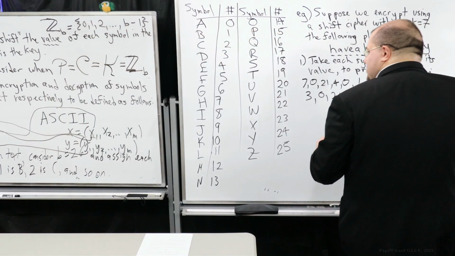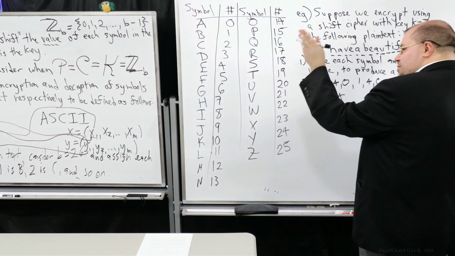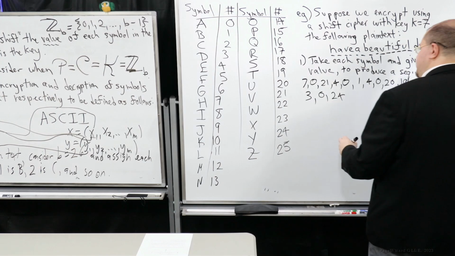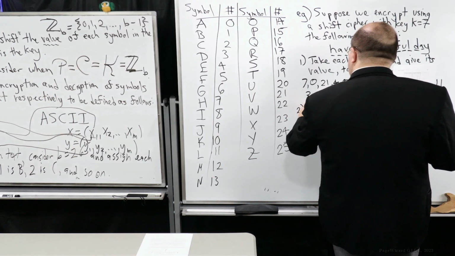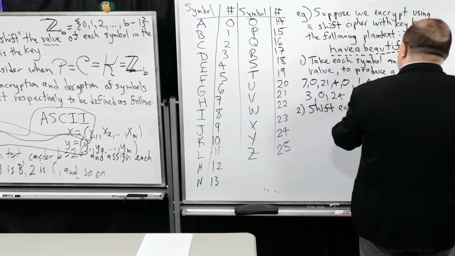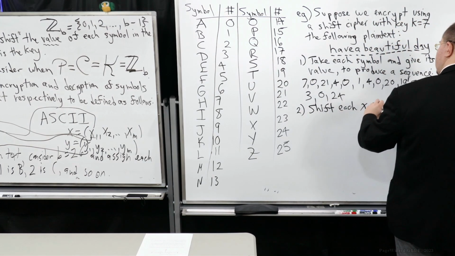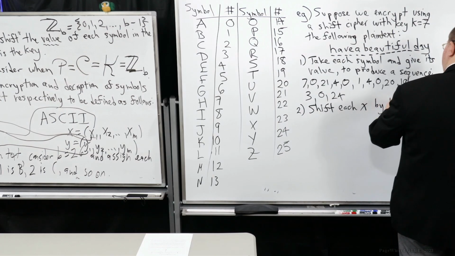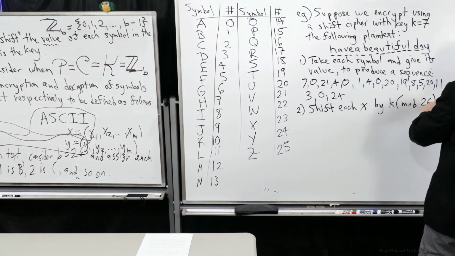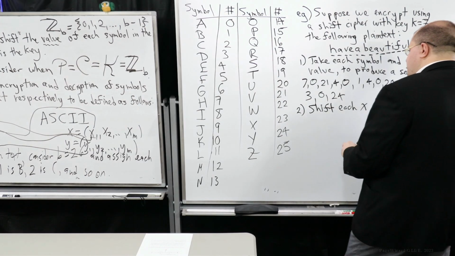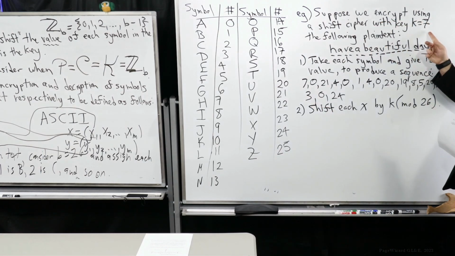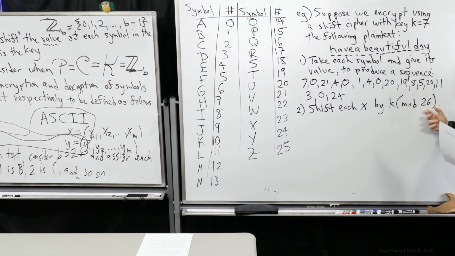Remember, it's X plus the key mod B, where B is 26 here. So we're going to shift each X by K mod 26. So we're going to take each one of these numbers, add 7 to it, and then apply mod 26.